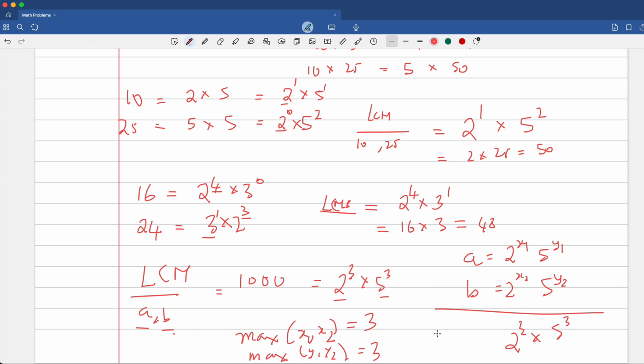Totally fine. It's possible that x1 is 3 and x2 is also 3. That's also possible. So you can see that there's a set of combinations for x1, x2, y1, and y2 that would allow for this to work out. Okay, so if you can follow this and understand the intuition behind LCM, that's the first step towards solving this problem. So I'm going to stop this video here.